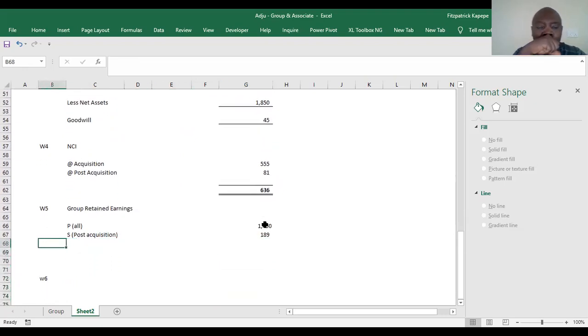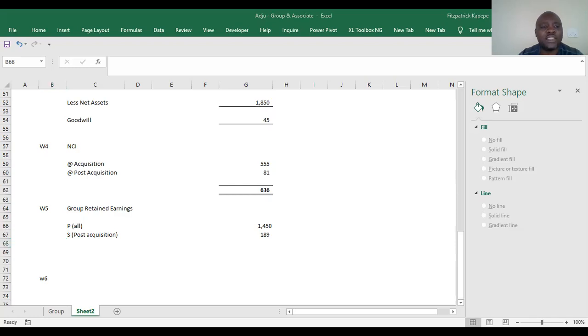Then from here, we know that when those dividends were actually given from Ben, first we'll also need to calculate the P's share of the associates' profits.